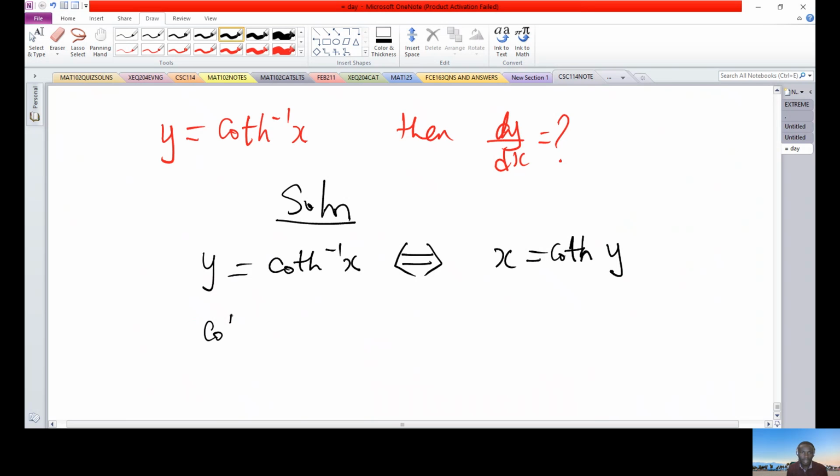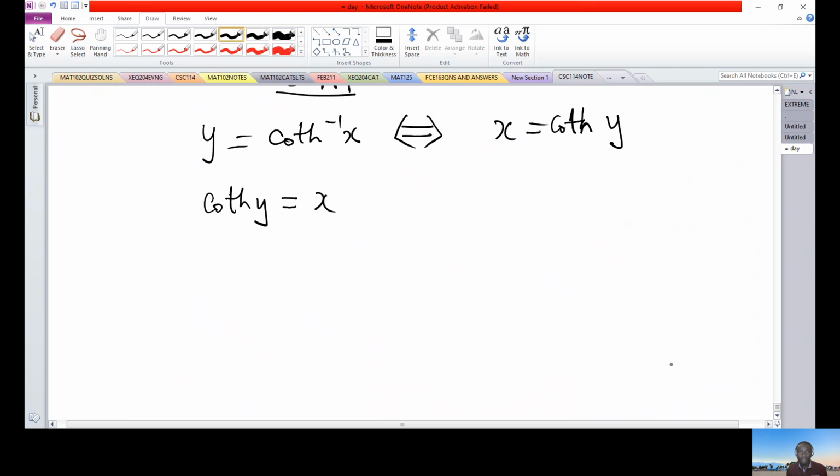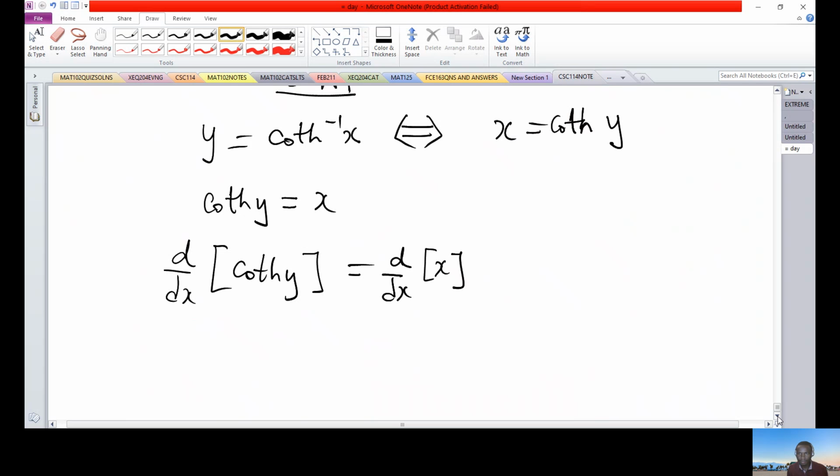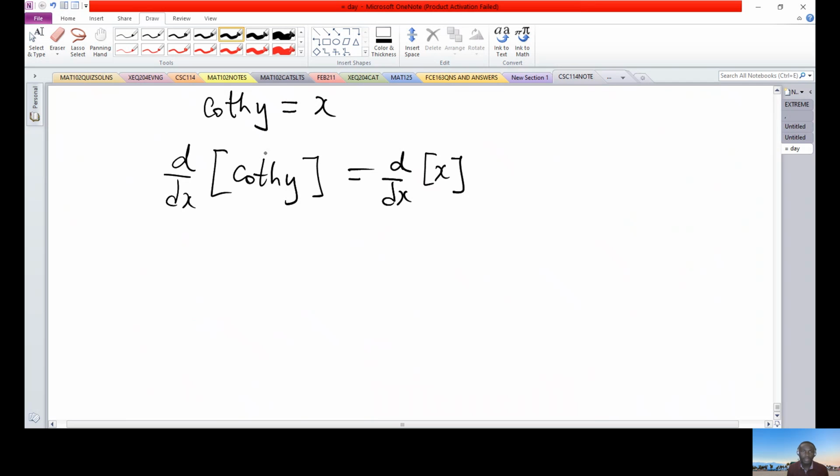So we write that one as hyperbolic cot of y equals x. And then introduce d/dx on both sides. So d/dx of hyperbolic cot of y equals d/dx of x. So therefore, when you differentiate a hyperbolic cot, you get a negative hyperbolic cosec squared y dy/dx by implicit differentiation equals 1.